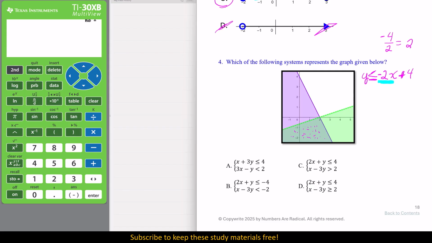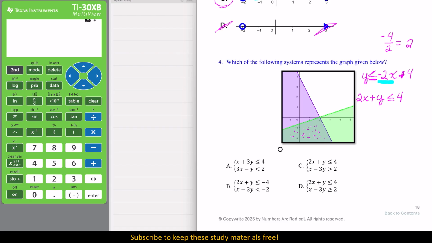So now what do we actually have? We actually have 2x plus y is less than or equal to 4. Okay, do we see that?